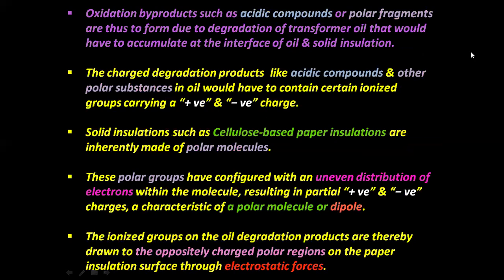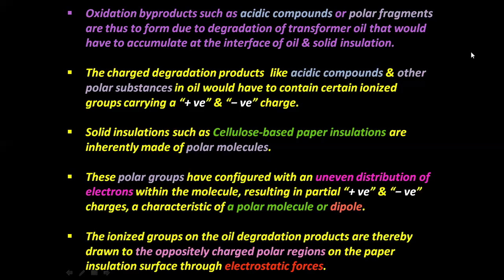Oxidation byproducts such as acidic compounds or polar fragments that form due to degradation of transformer oil would accumulate at the interface of oil and solid insulation. The charged degradation products like acidic compounds and other polar substances in oil contain certain ionized groups carrying positive and negative charge.